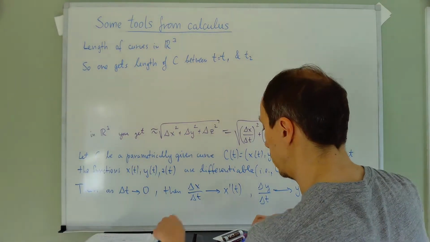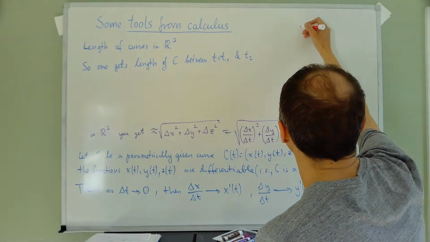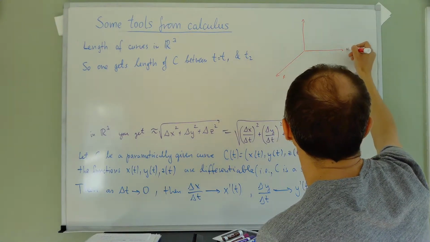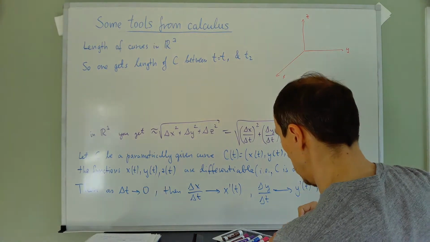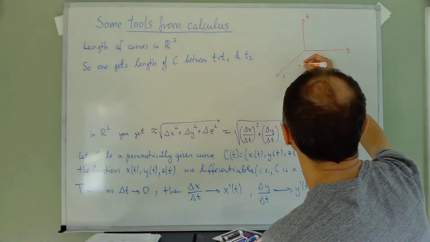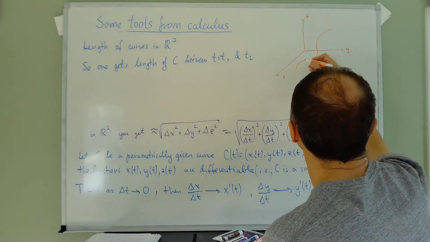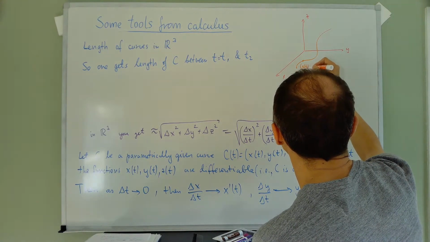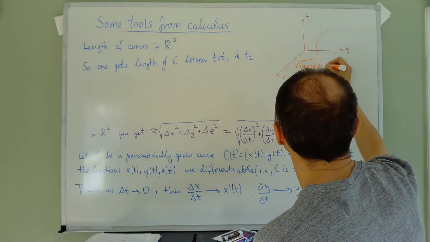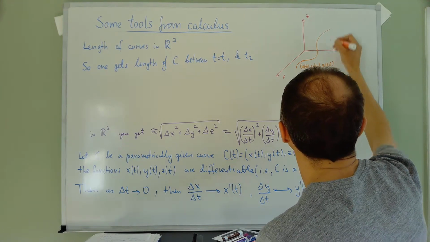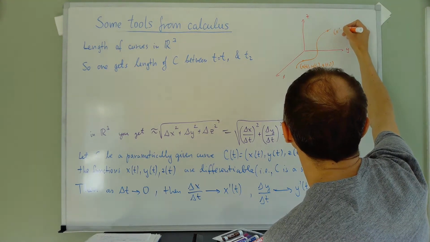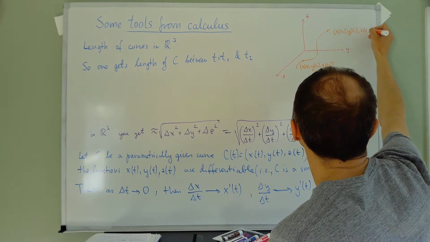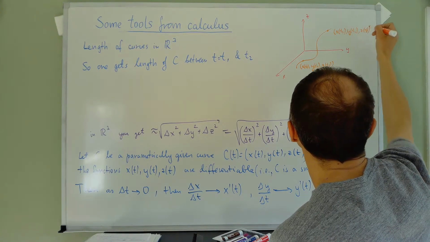So if you have a curve in R3, there's a little picture here, x, y, z, and you have some curve, and say this is a point x of t1, y of t1, z of t1, and that point is x of t2, y of t2, z of t2, right?